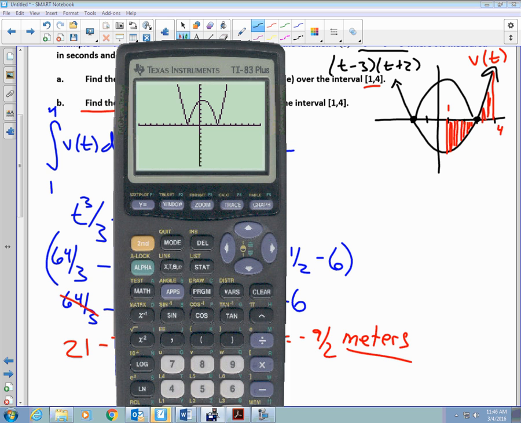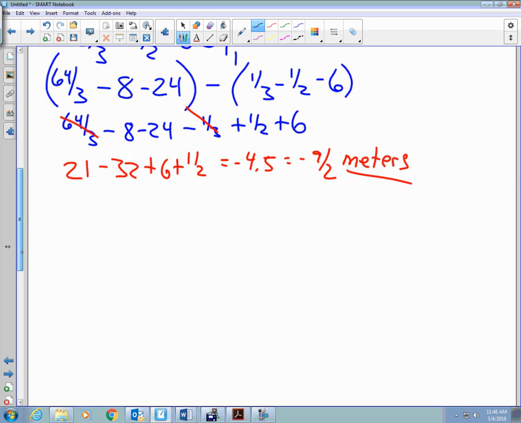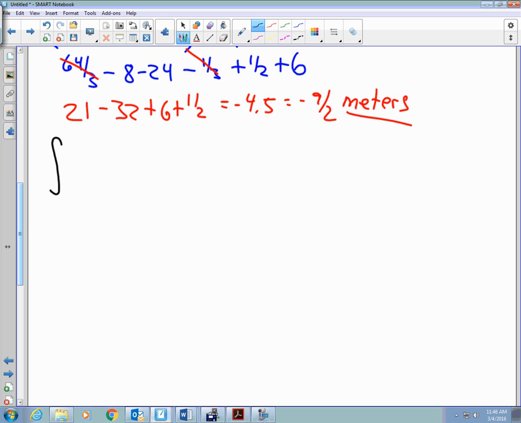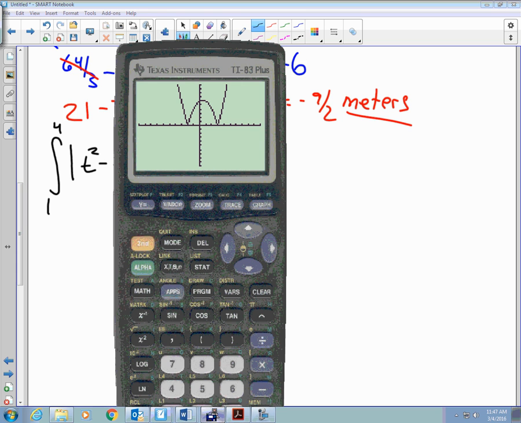See how it does that? So if we want to calculate part B, the way we do so is we calculate the absolute value. So it's the integral from 1 to 4 of the absolute value of t squared minus t minus 6 dt. On the AP exam, you're going to be able to do this by simply using your calculator.